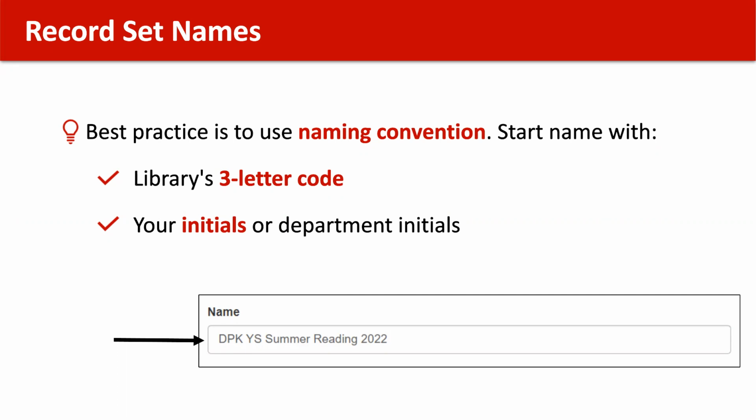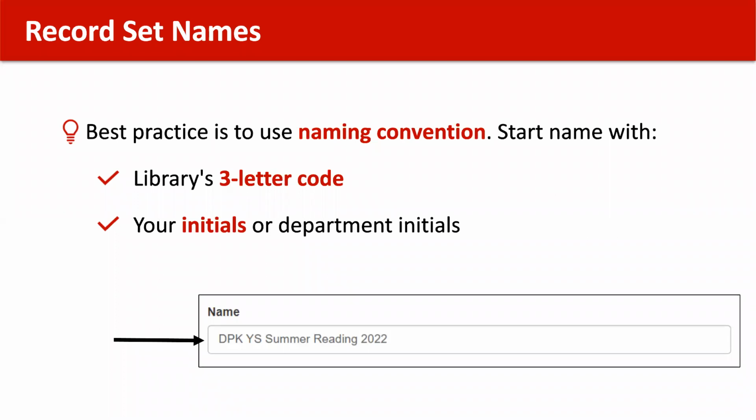Using conventions and being consistent when naming record sets helps you to locate that set in the future, even if you don't remember the exact name. Also, if CCS does need to step in and help with any troubleshooting, it allows us to easily identify which library owns or may be working with the record set.